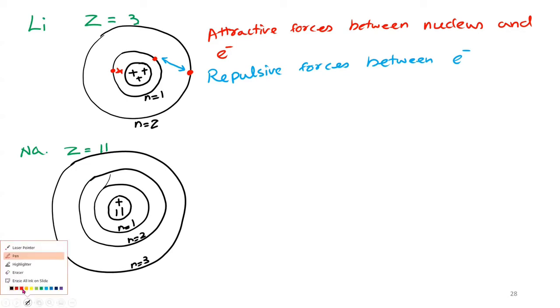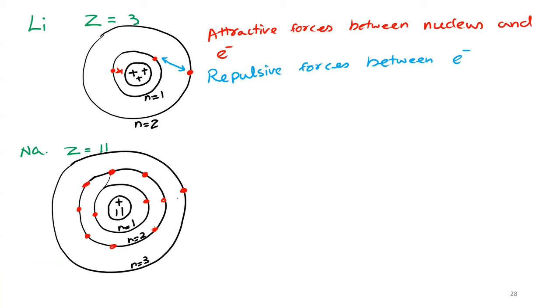It will have its first 2 electrons and then eight electrons. So 8 plus 2, that is 10. I have atomic number 11. So the neutral atom, I have my last electron outside here.